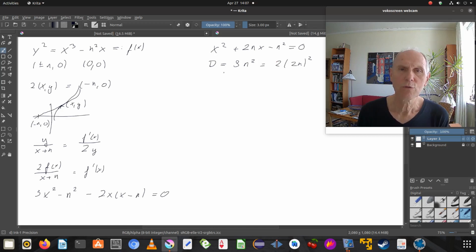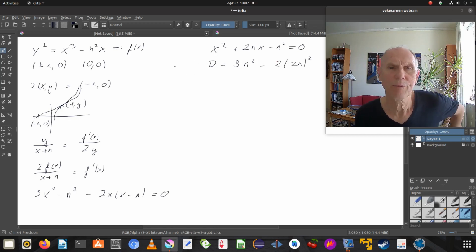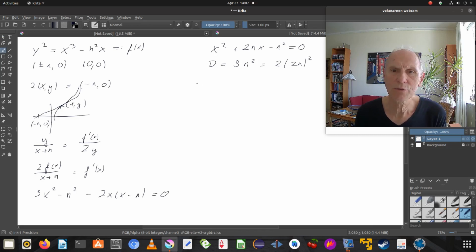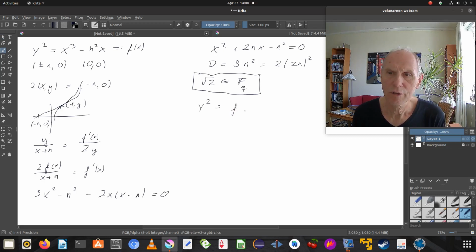So for order 4 to have a point, the x value requires square root 2 to be in the field. So that's the first condition we get here. The second coordinate has to be there as well, so we compute f of x, and then we have to find the solution.